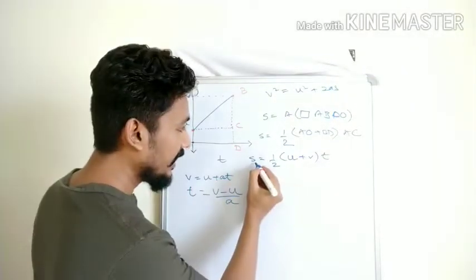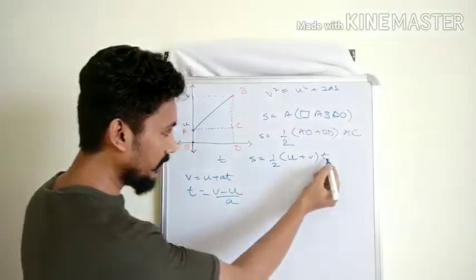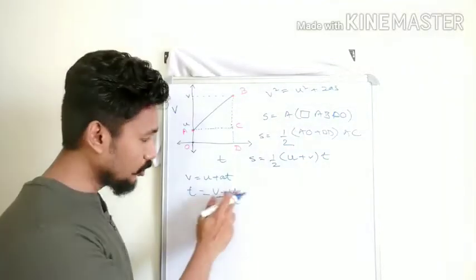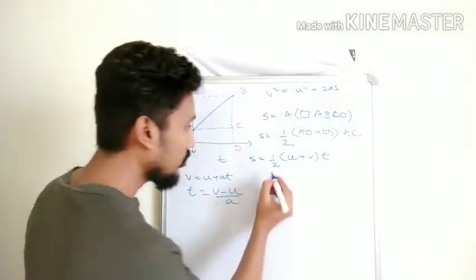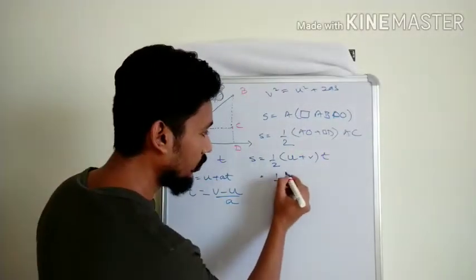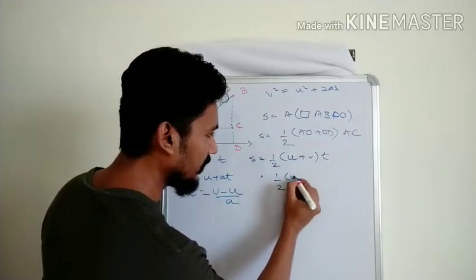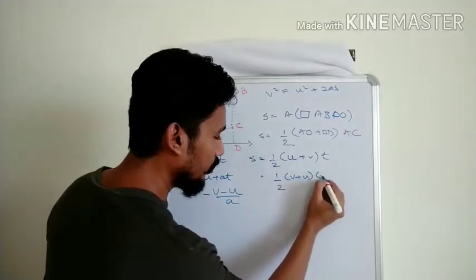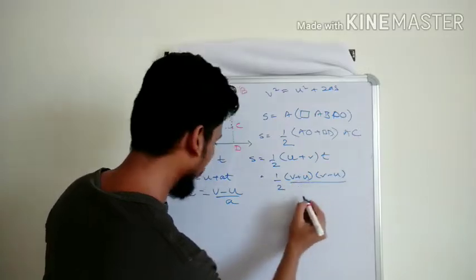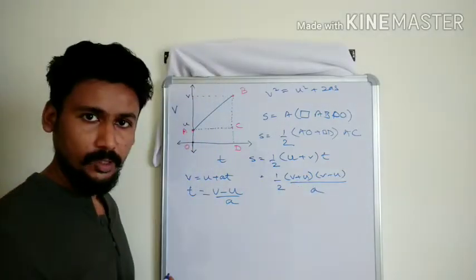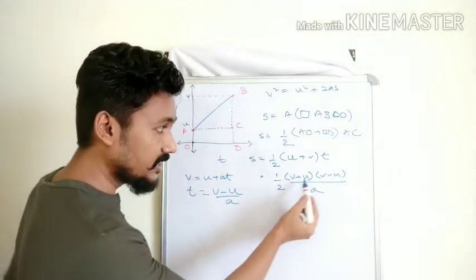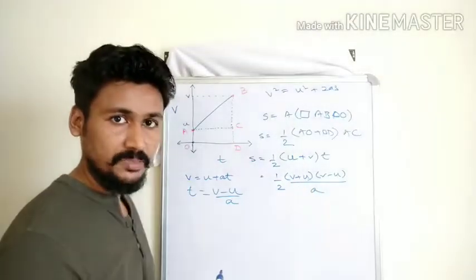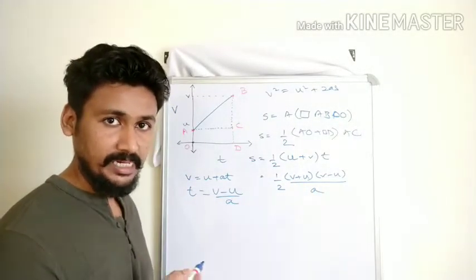So what will we get? S is equal to half U plus V into T, and the value of T we will write as V minus U by A. So I will get 1 by 2, V plus U into V minus U, upon A. And this relation looks like A plus B into A minus B. That is a mathematical identity.